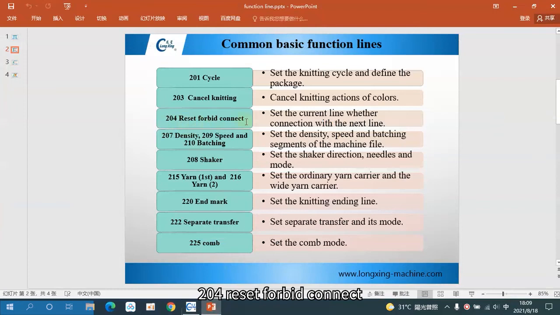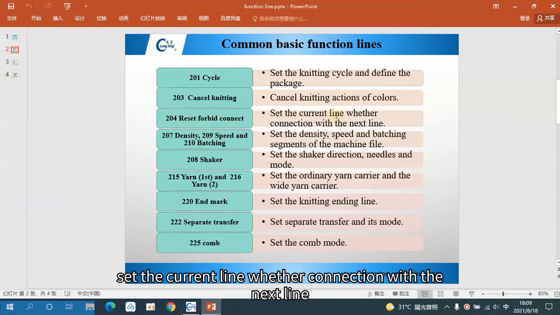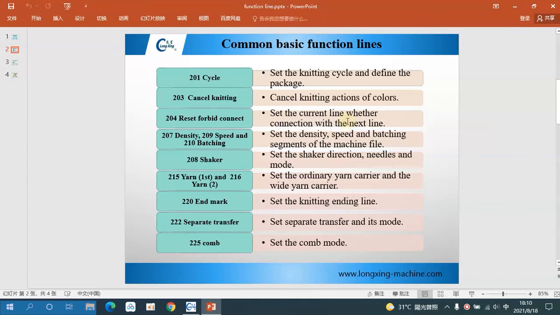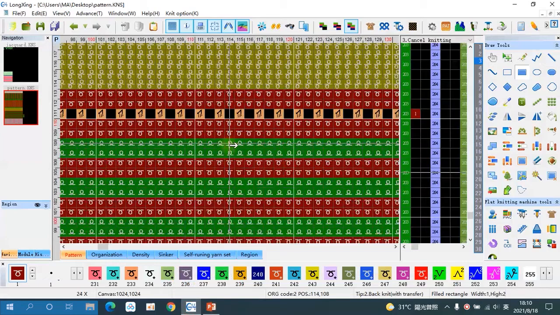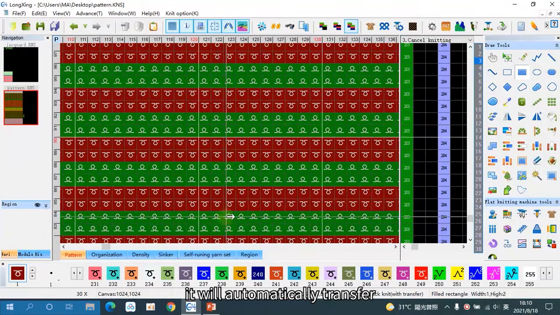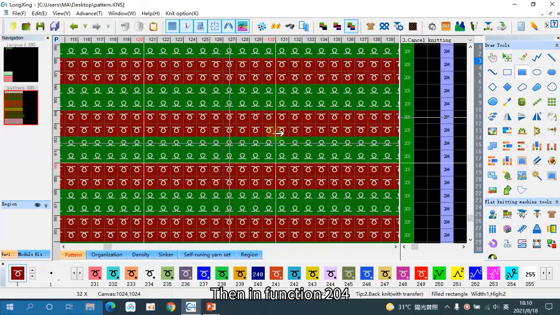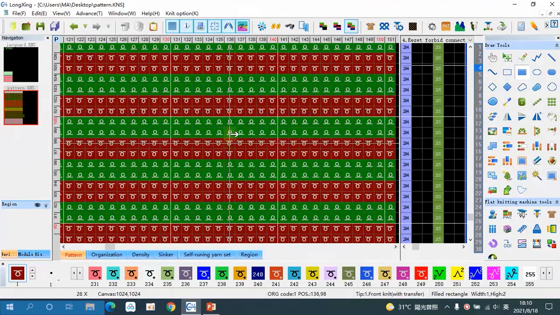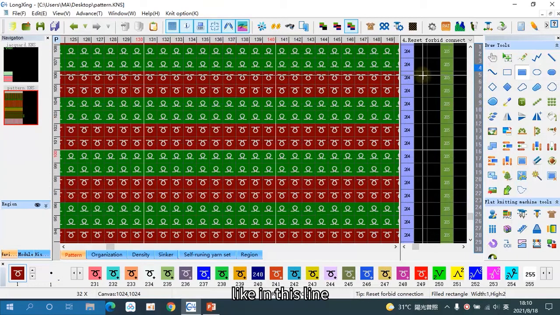204 reset forbid connect. Set whether the current line connects with the next line. Generally, it will automatically transfer. If you don't want transfer, then in function 204, in this line, right click.